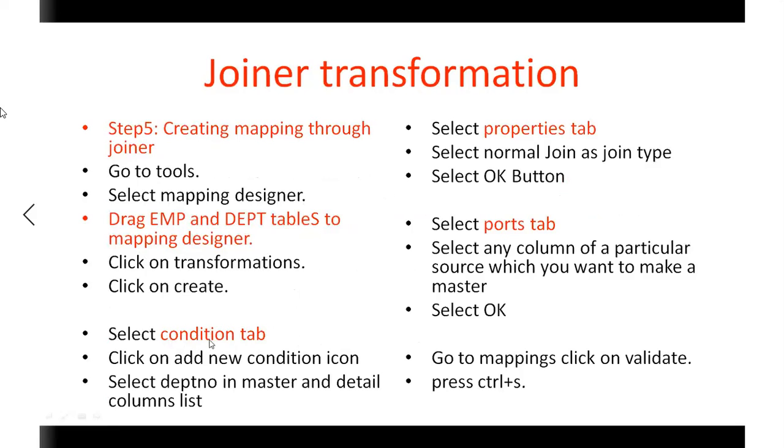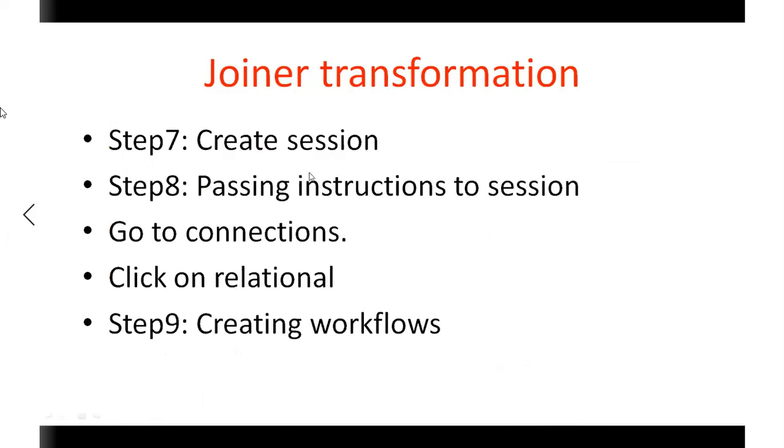Double click on the transformation to edit the joiner transformation. There is a condition tab where you apply some condition, and in the properties tab you apply normal join or full outer join.